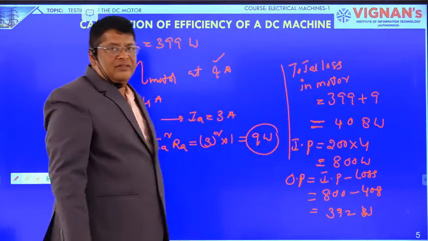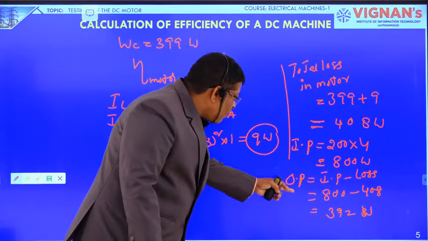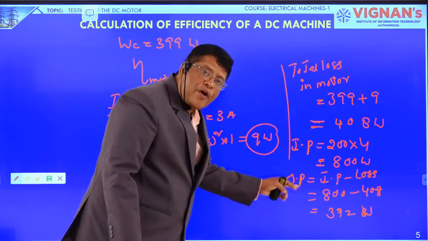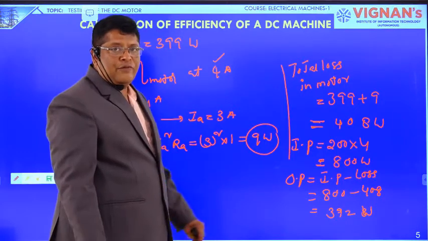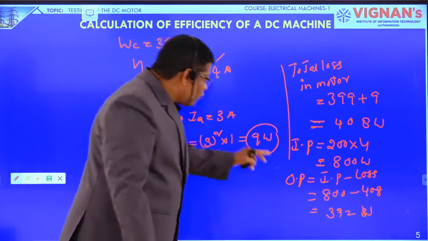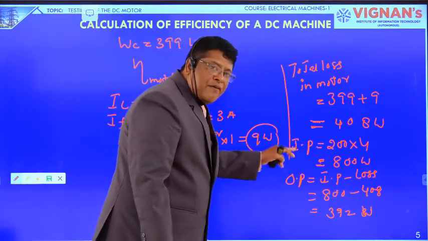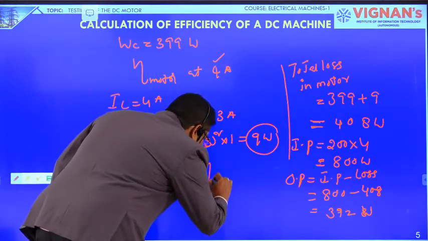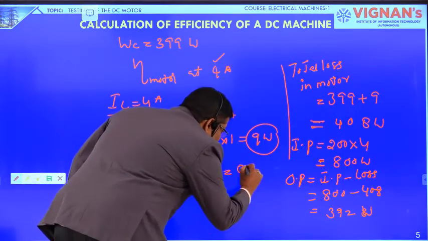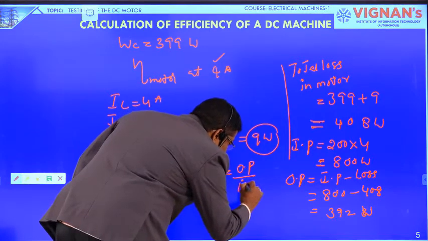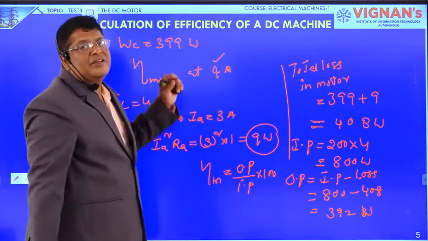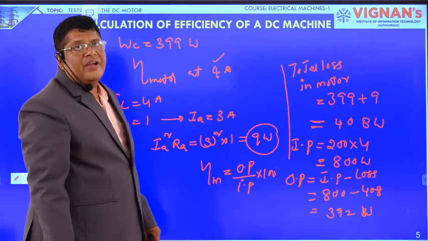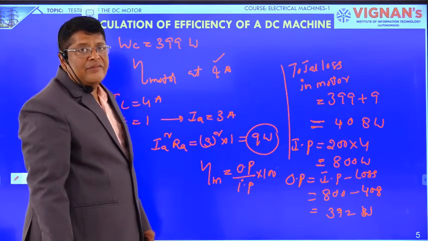This is the output power of the DC motor at 4 amperes of current. Now once you know the output power and input power, the efficiency of the motor equals output power divided by the input power times 100. This is nothing but the efficiency of the motor.